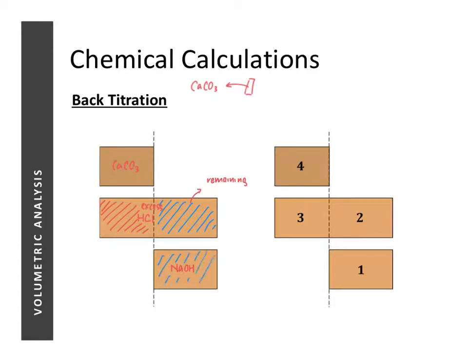So in a back titration question, how do we solve it? First we need to find the number of moles of sodium hydroxide. So this is step number 1. We find the number of moles of sodium hydroxide, and from the number of moles of sodium hydroxide we can know the number of moles of HCl that was actually remaining.